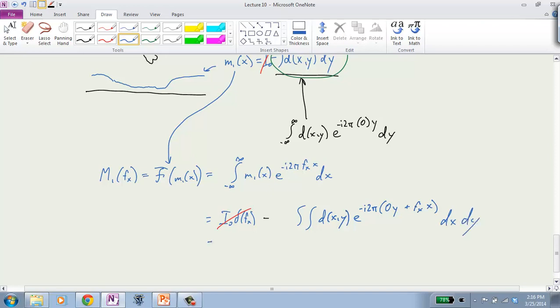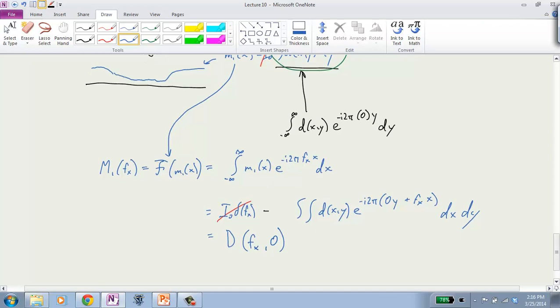And so that equals the Fourier transform of D. I'll just use capital D to represent the two-dimensional Fourier transform of d, evaluated at fx and 0. Okay, so one X-ray measurement in CT is giving you the values of the Fourier transform of what you want. We want d(x,y).